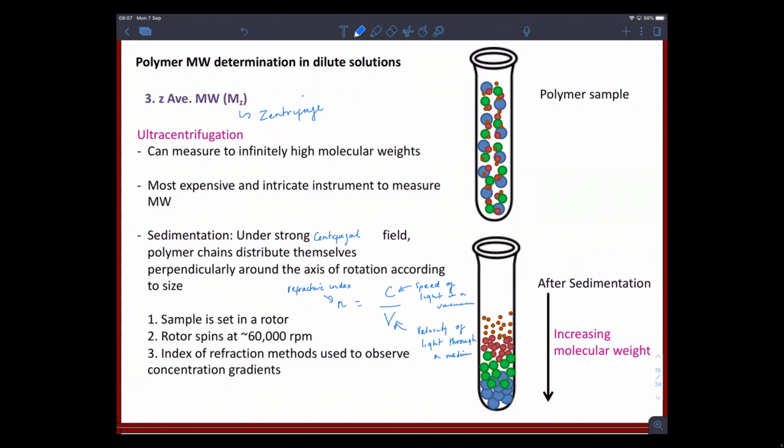They can couple the ultracentrifugation used for the Z average molecular weight with light scattering to get an idea of the concentration. So you can measure the different layers after sedimentation. It's very straightforward. The sample is put in a rotor. The rotor spins at 60,000 RPM. Your typical centrifuge is around 14,000 RPM maximum. Then index of refraction methods are used to observe the concentration gradients.